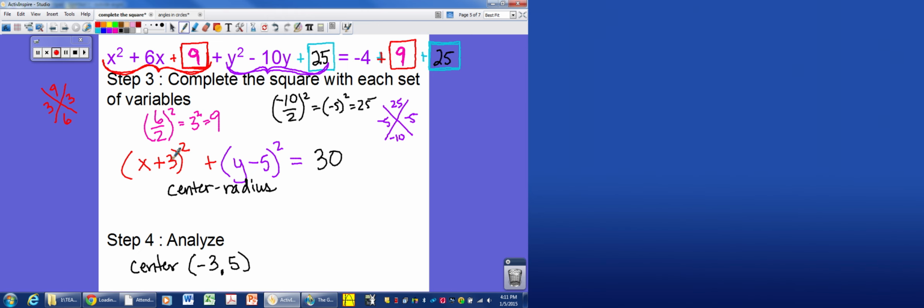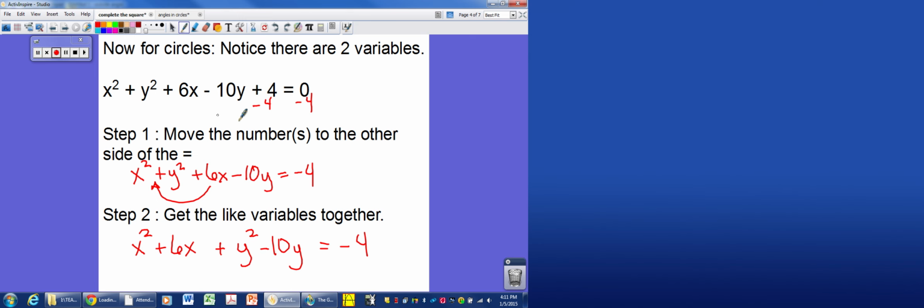So we have a center at negative 3, 5, and a radius of the square root of 30. Which, yes, is in between 5 and 6, but this is a much more perfect answer. So I let my kids leave it as the square root of 30. So for geometry, much more useful in this form rather than given your standard equation.